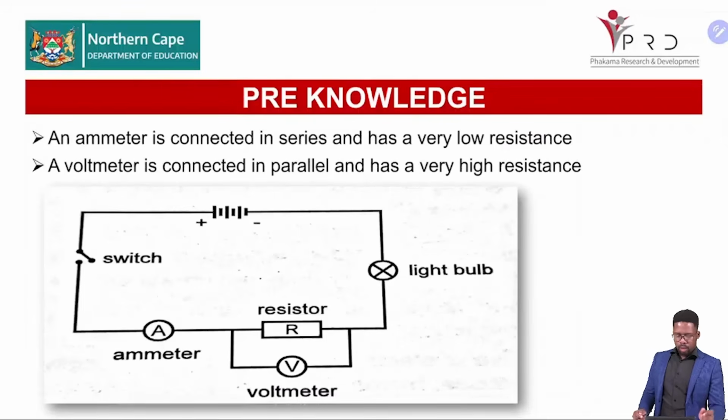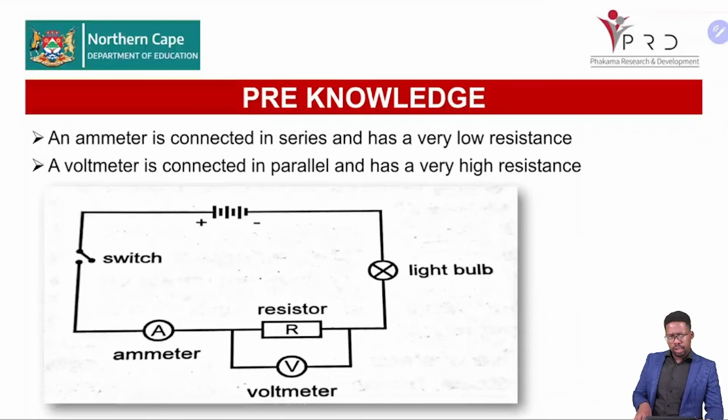Then, grade 8 and 9, including grade 10, because you had to do an experiment in grade 10 of electric circuits, there was more emphasis on the connection of the ammeter and the connection of the potential difference device called voltmeter. So we said that an ammeter should be connected in series.